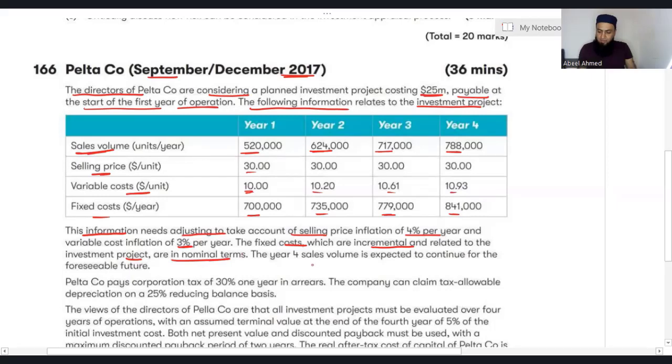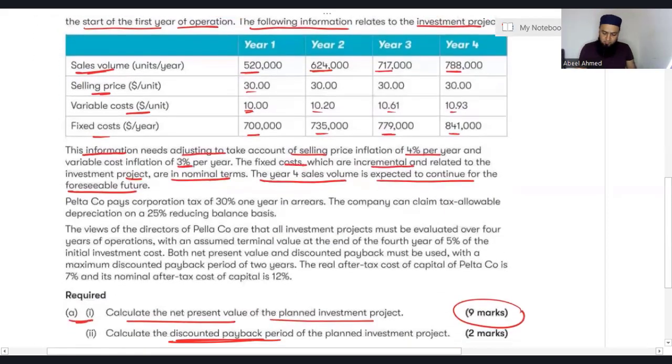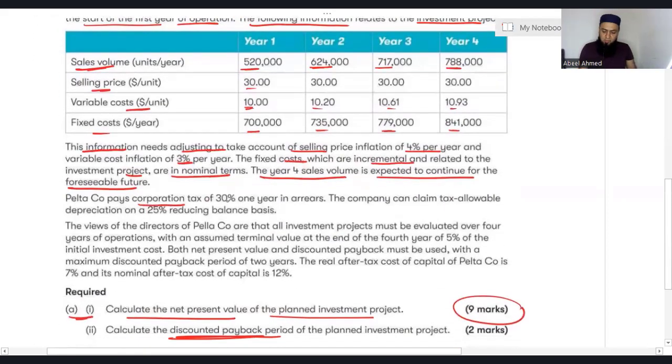Okay. The year 4 sale is expected to continue for the foreseeable future. Fine. Pelta pays corporation tax at 30%, 1 year in arrears, with a delay of 1 year. It means T1 tax will be paid in T2. The company can claim tax allowable depreciation at 25% reducing balance basis.